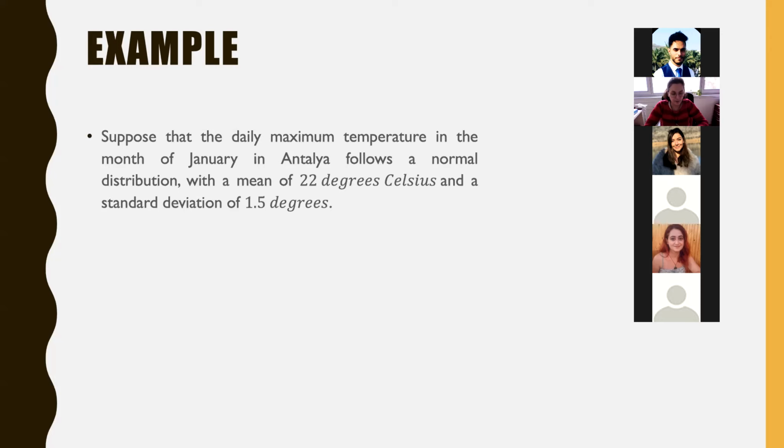Okay. So I'm going to give you an example, and please try to get the idea of what's happening in this example, and we are going to move to R, or RStudio, to practice it, okay? So please suppose the daily maximum temperature in the month of January in Antalya follows a normal distribution with a mean of 22 degrees Celsius and a standard deviation of 1.5 degrees, okay?